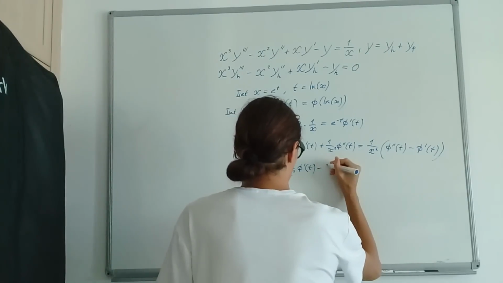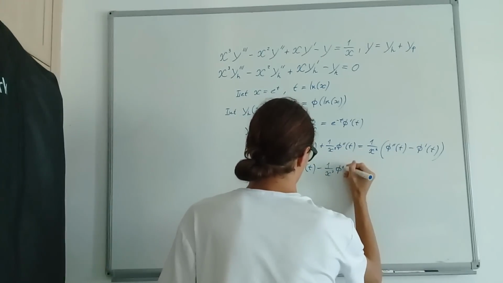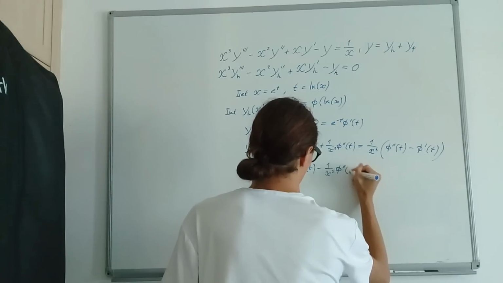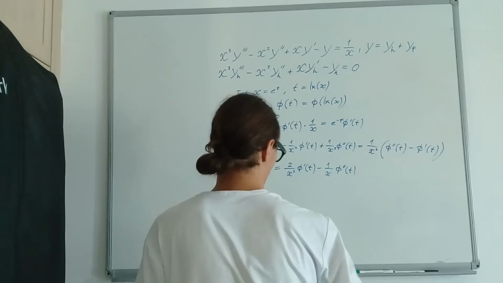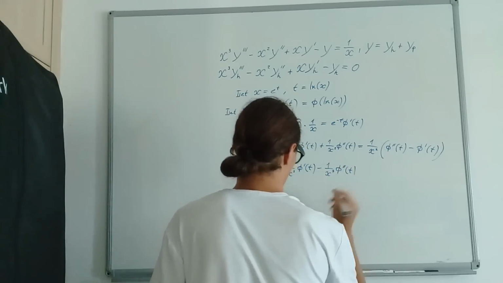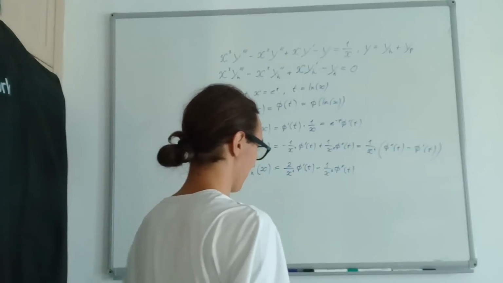Now, we're going to leave this alone. Differentiating phi prime, we've already done this, phi double prime of t, but once again differentiating t, so we get minus 1 over x cubed phi double prime of t.